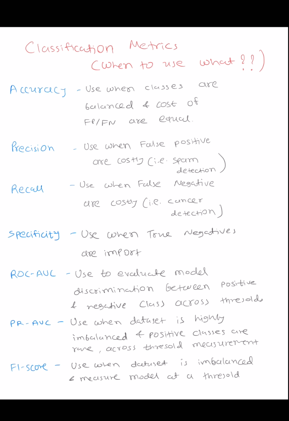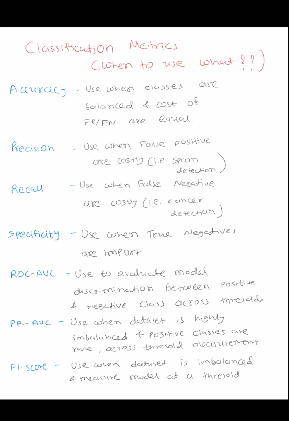If you think the classes are balanced and you want to see how well your model is able to discriminate positive versus negative classes across the thresholds, then you can use the ROC-AUC score.